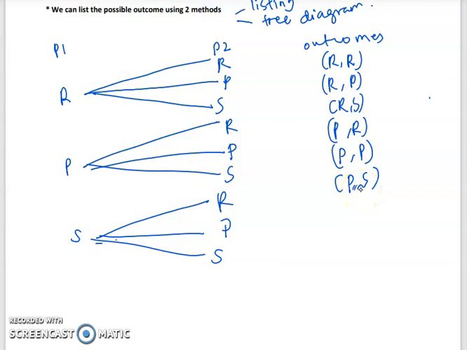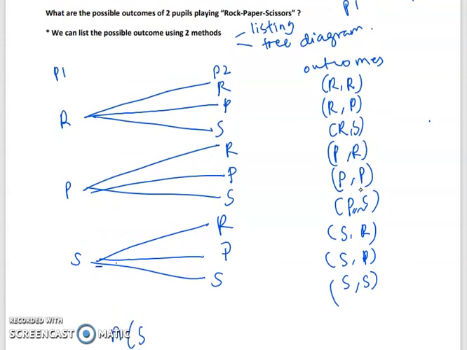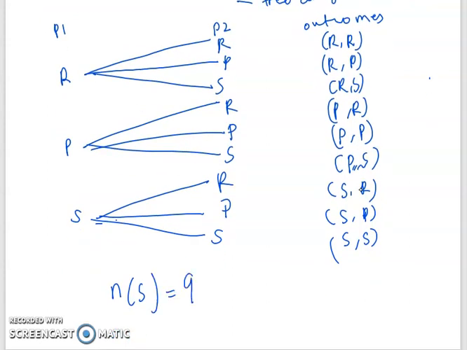And then pupil 1, scissors, pupil 2, rock, and we have scissors, paper, or scissors, scissors. So these are the possible outcomes listed using the tree diagram. If we calculate 1, 2, 3, 4, 5, 6, 7, 8, 9, the number of possible outcome is also 9. So this is how you list the possible outcome either using the listing method or using a tree diagram.